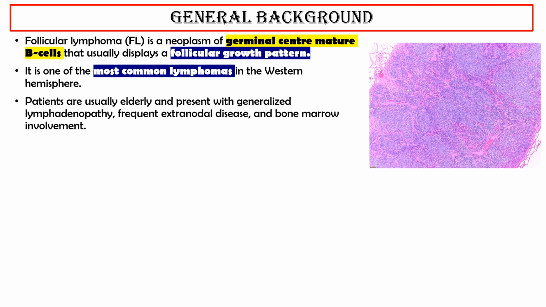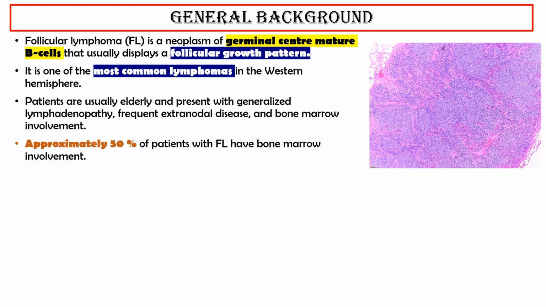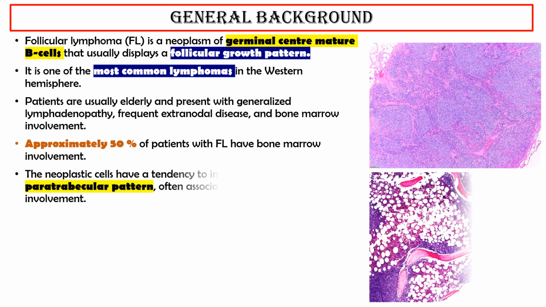Patients are usually elderly and present with generalized lymphadenopathy, frequent extranodal disease, and bone marrow involvement. Approximately 50% of patients with follicular lymphoma have bone marrow involvement.